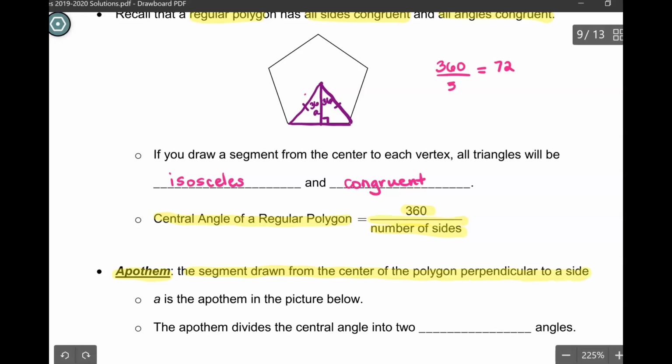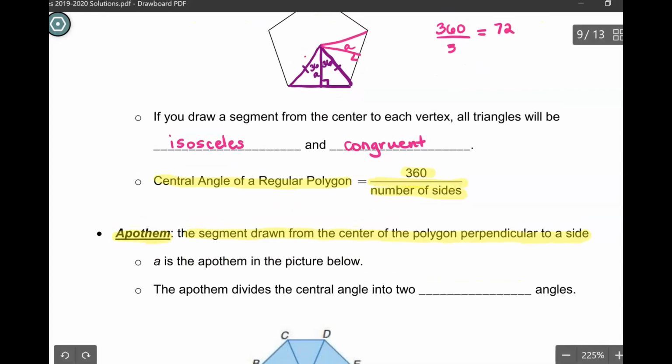It doesn't really matter which triangle we investigate, right? If we draw the height of that triangle, that's also the apothem, and so on. So the apothem is the height of one triangle. The apothem divides the central angle into two congruent angles.